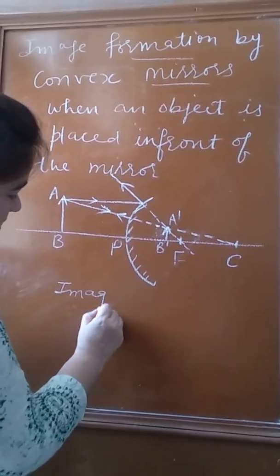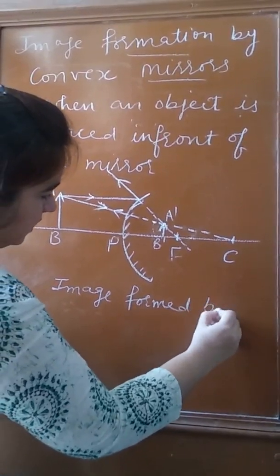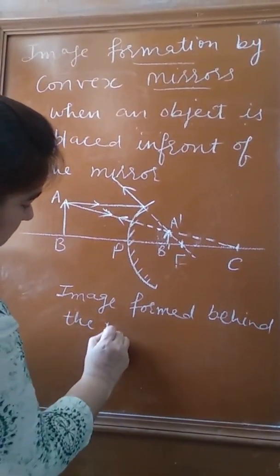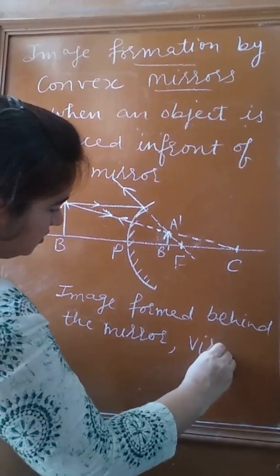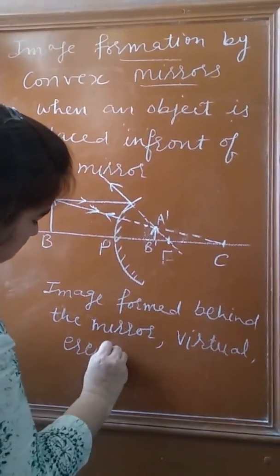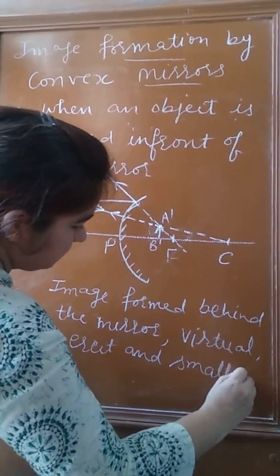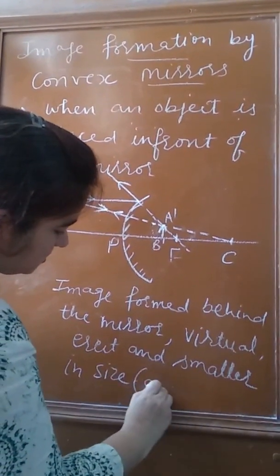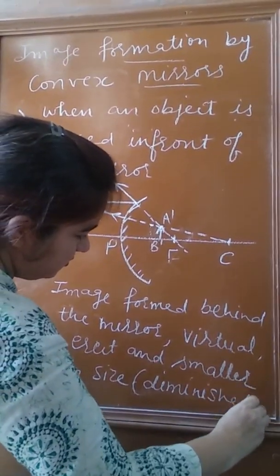Now the image formed is behind the mirror, virtual, erect and smaller in size. Smaller in size means a diminished image is formed.